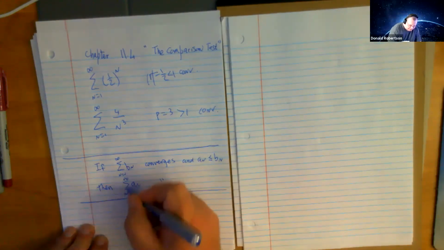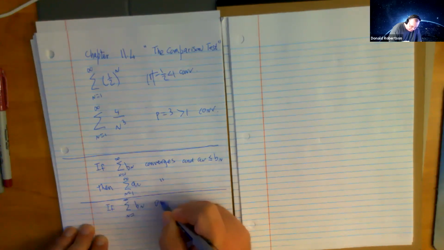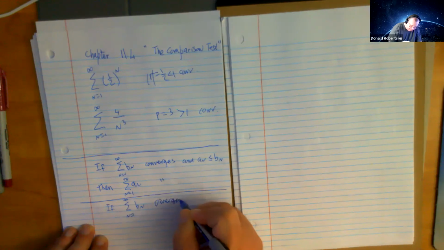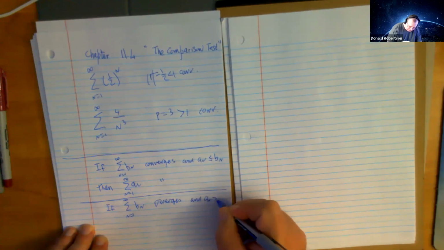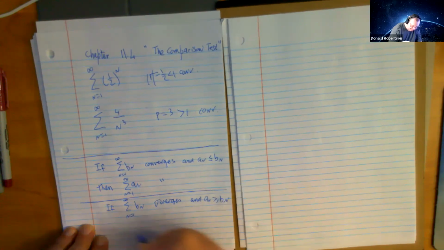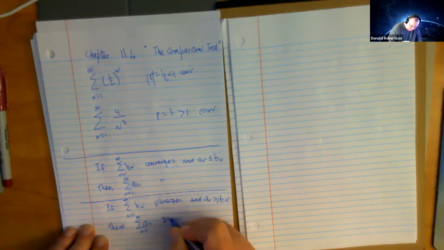Now there's two flavors of it. Suppose you know the series diverges, and also your guy is always bigger than or equal to it. Then logic tells us that your series diverges.